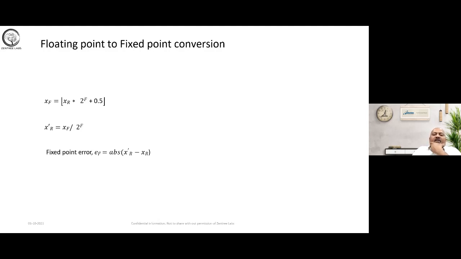Here this gives you the fixed point error. These are the very typical approaches: selecting a 2's complement Q format, the conversion from real to the desired Q format, and this is how the error is computed.